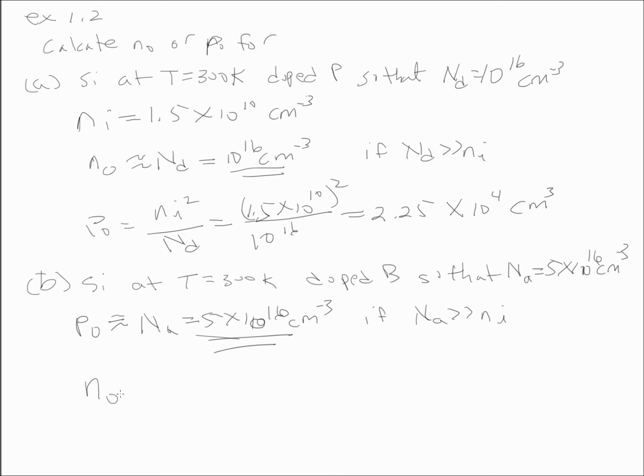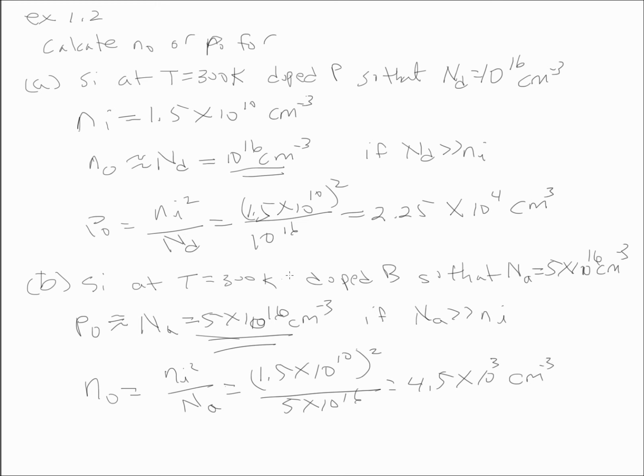And then we can calculate the number of electrons, which is going to be Ni squared over Na, equal to 1.5 times 10 to the 10, all of this squared, over the 5 times 10 to the 16th. And this comes out to be 4.5 times 10 to the 3 per cubic centimeter.